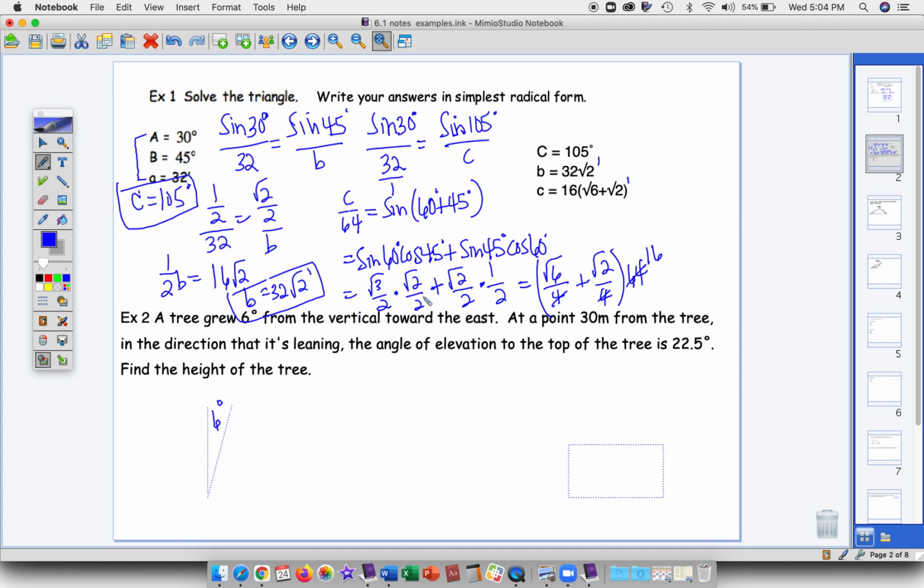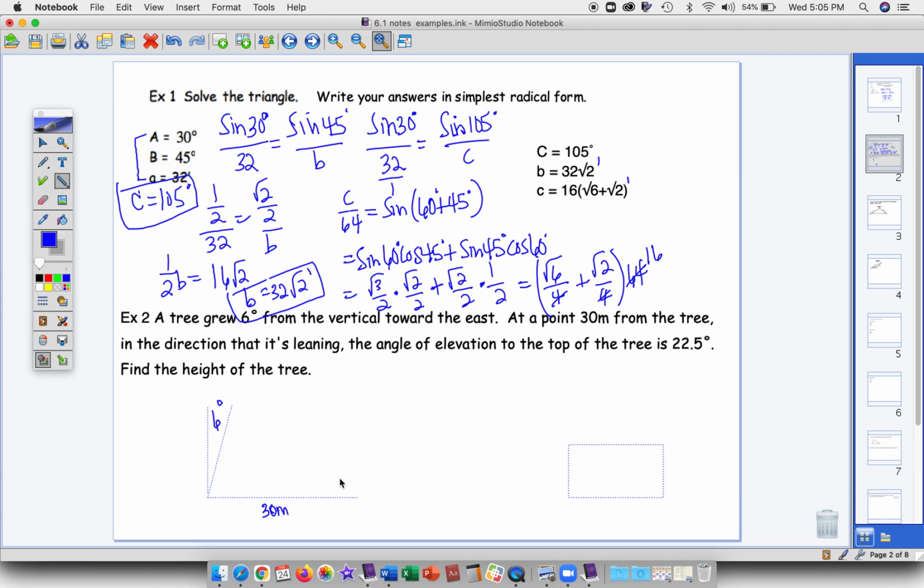Okay, leaning toward the east, right? That's to the right. So at a point 30 meters from the tree, in the direction that it's leaning, the angle of elevation to the top of the tree is 22.5 degrees. So I'm going to go out a distance of 30 meters. Okay, so there's my 30 meters.